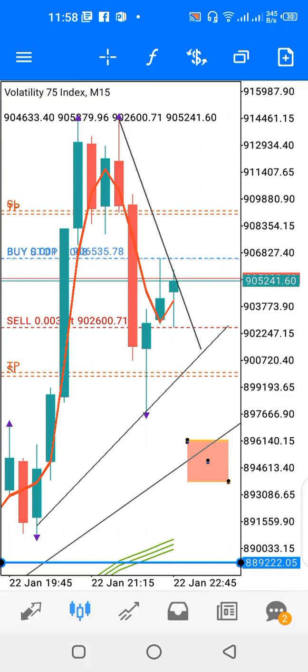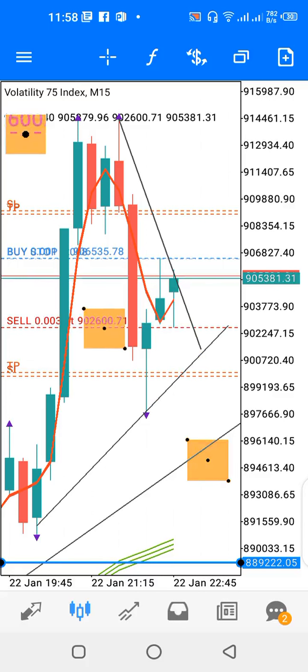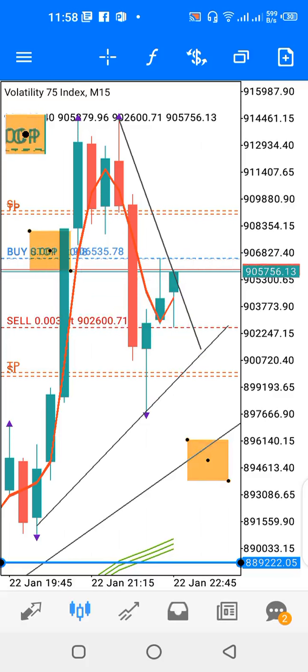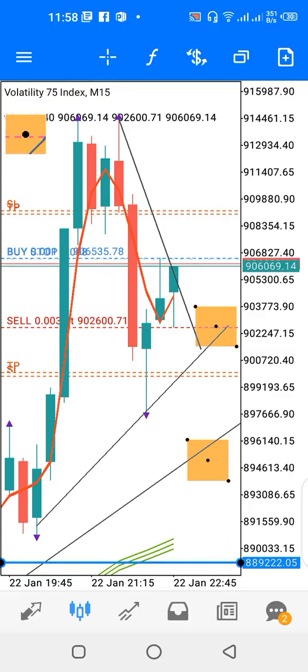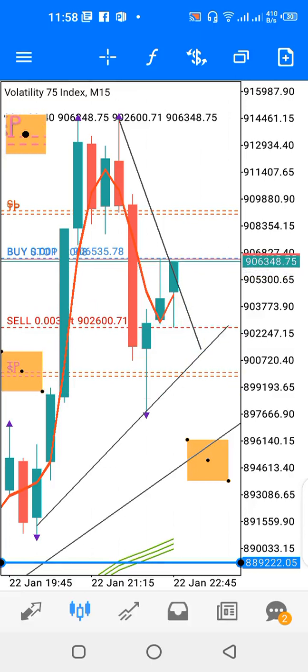But if we decide not to place a sell stop, then we have more buy positions above, and we have just 0.3 sell position below.